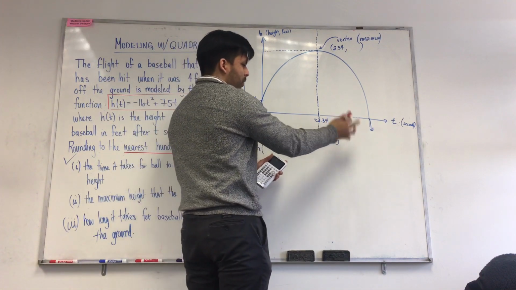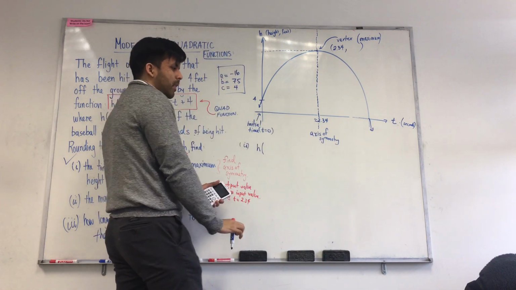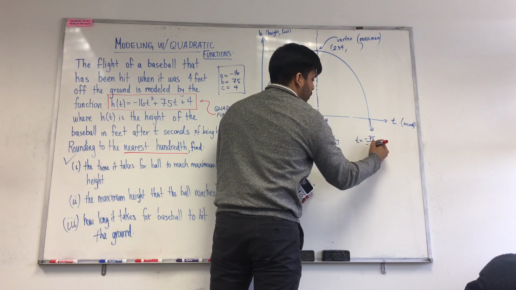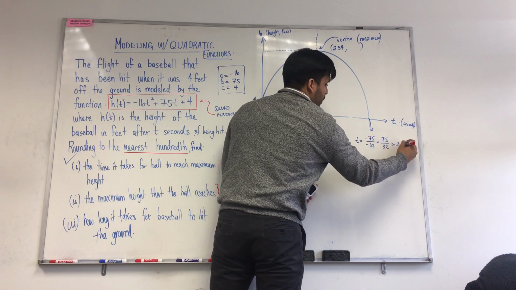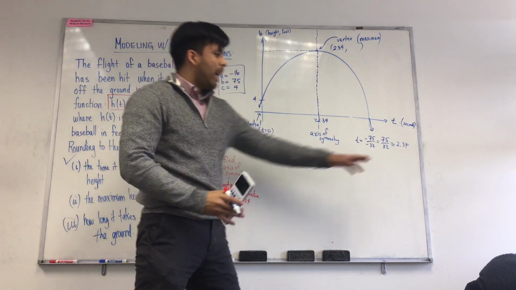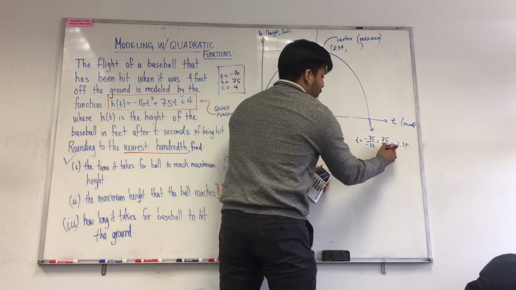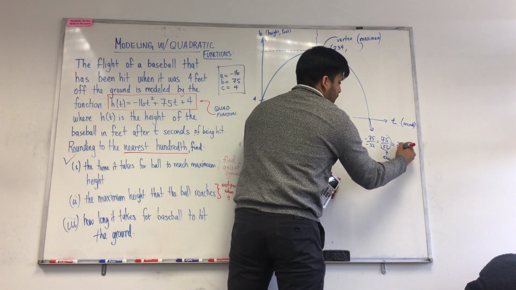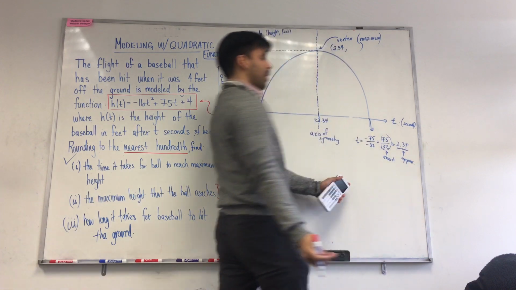And remember, from what I erased previously, I had that t was equal to negative 75 over negative 32, which is the same thing as 75 over 32, which is approximately 2.34. Now, this is a rounded answer, so I'm going to keep it in exact form. This is exact, and this is an approximation.